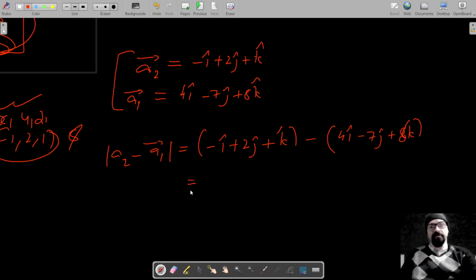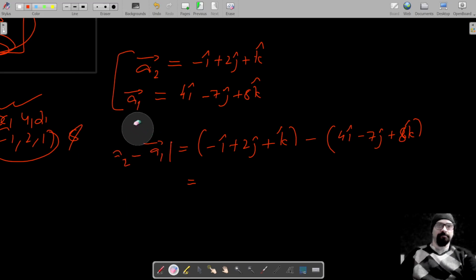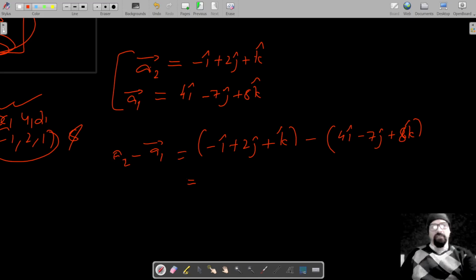We have to find its cross product with b, not the modulus yet, just a2 minus a1.